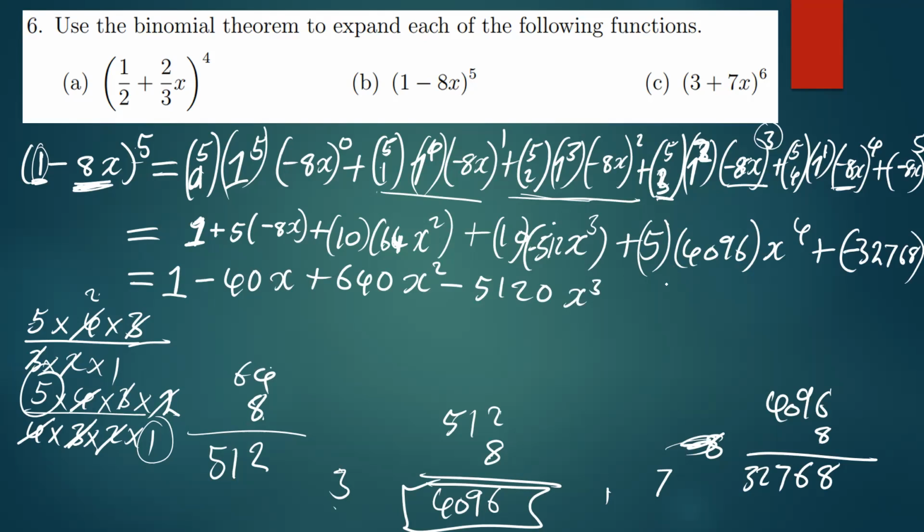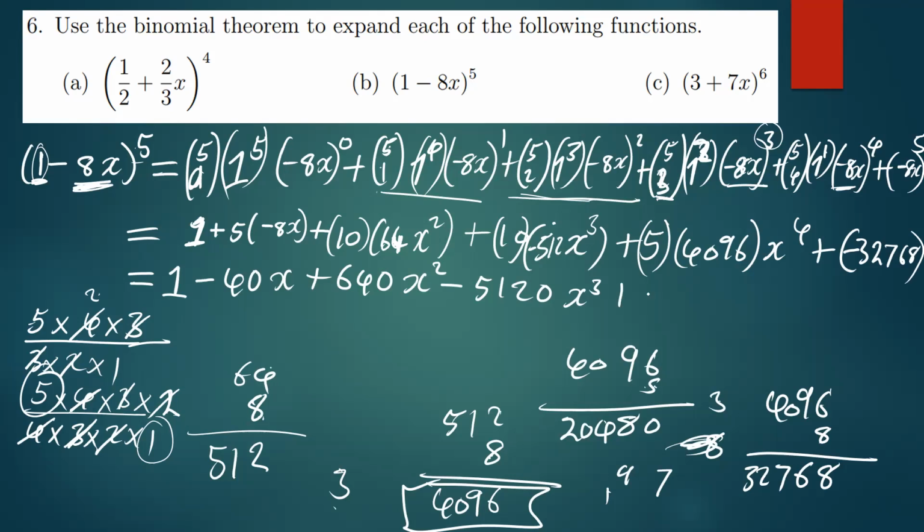Then we have 5 times 4,096. 5 times 6, 30, 0, remainder 3. 5 times 9, 45, 45, 46, 47, 48. So 8, remainder 4. 5 times 0, 0 plus 4. We have 4. Then 5 times 4, we are getting 20. So we have 20,480.